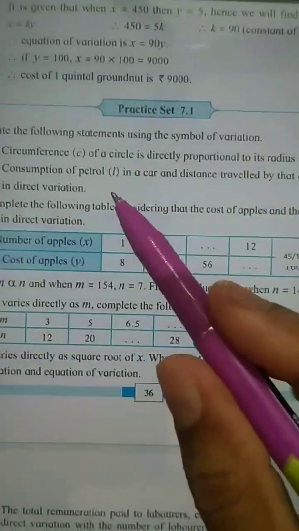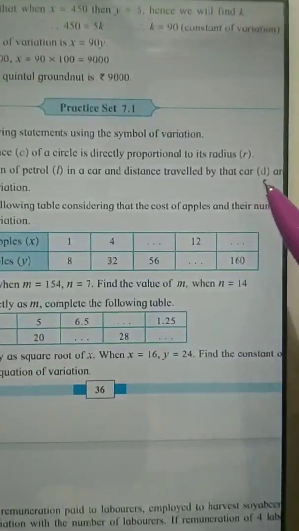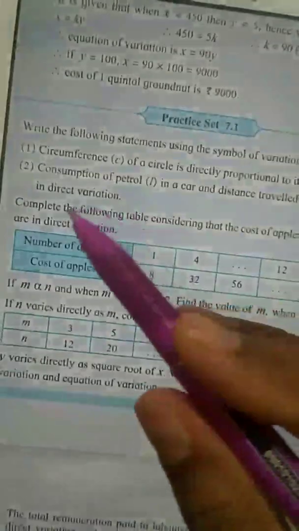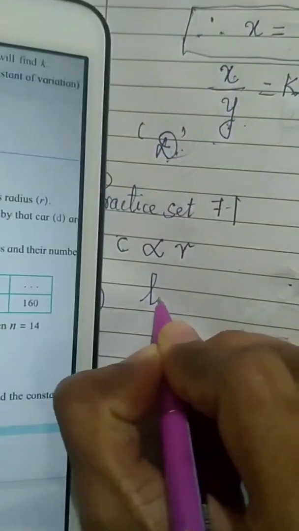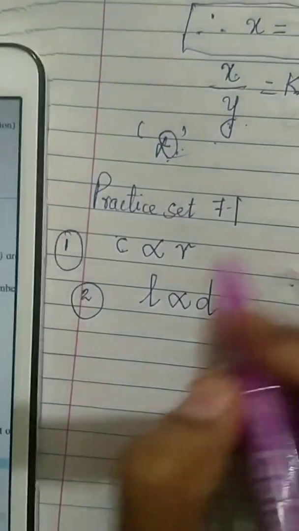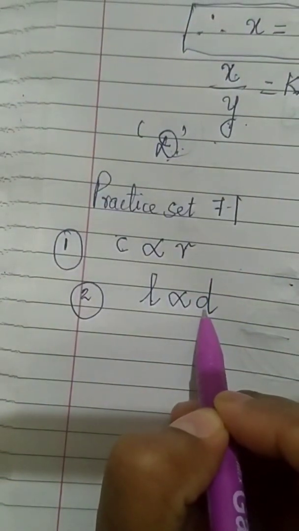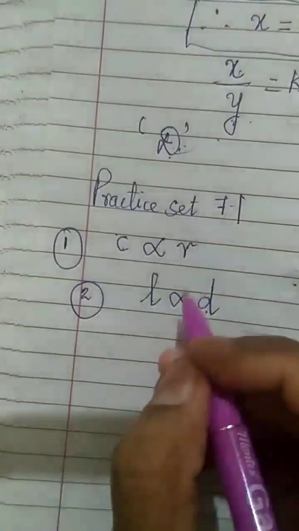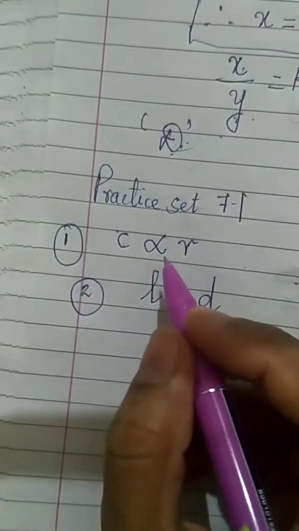Consumption of petrol L in a car and distance travelled by the car D are in direct variation. So more liters of petrol, more will be the distance, directly proportional. L is directly proportional to D. Understood? So the first question is solved this way.